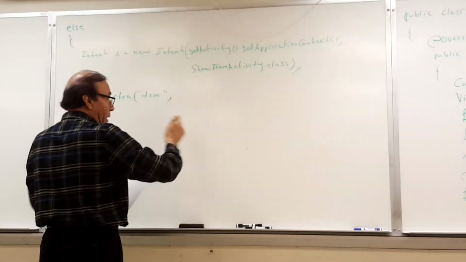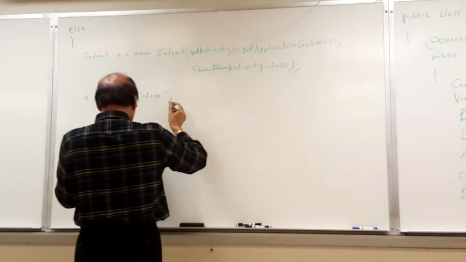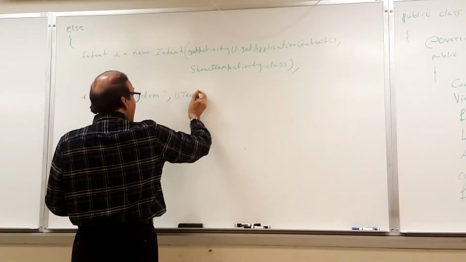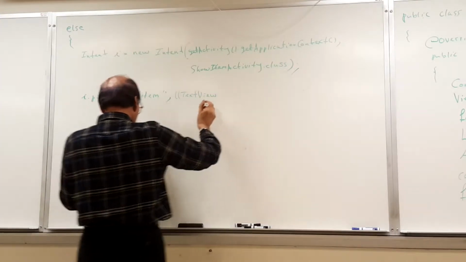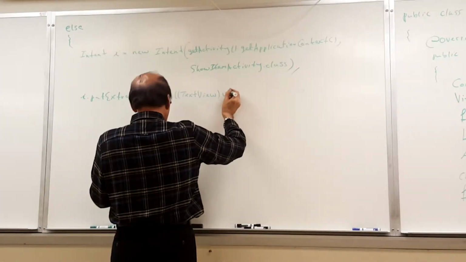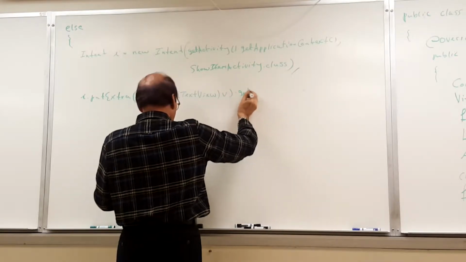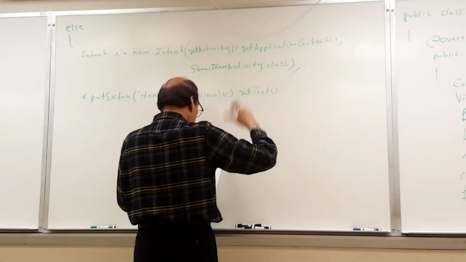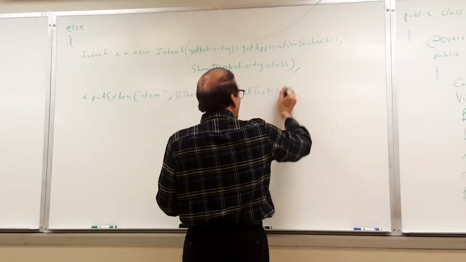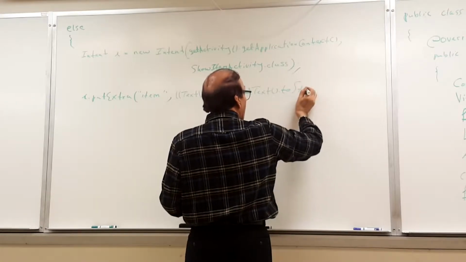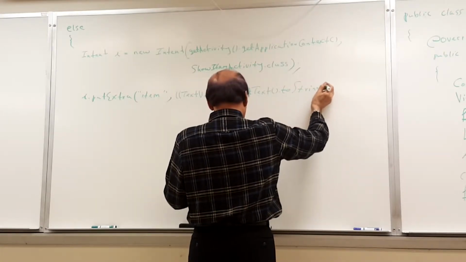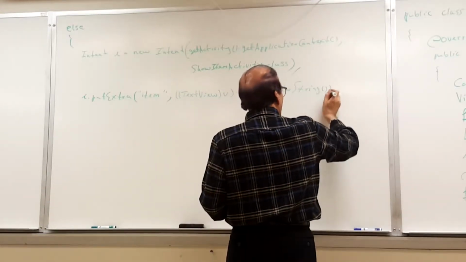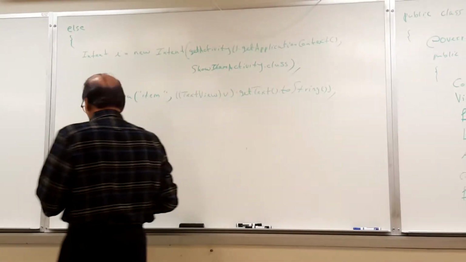Now you're going to get that, the same as over there, but I'll repeat again. Text view, text view, and getText. Convert it to string, dot toString. And price. Okay. This part is also taken care of.